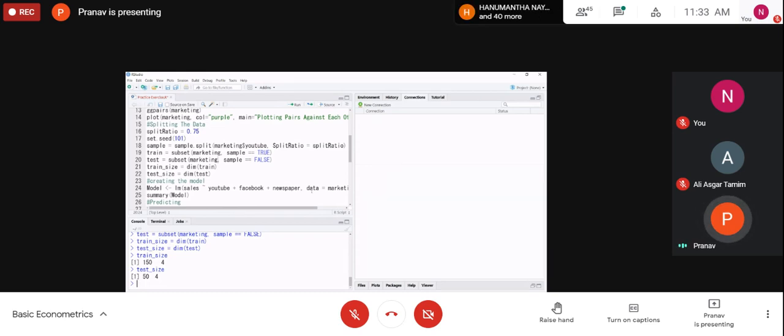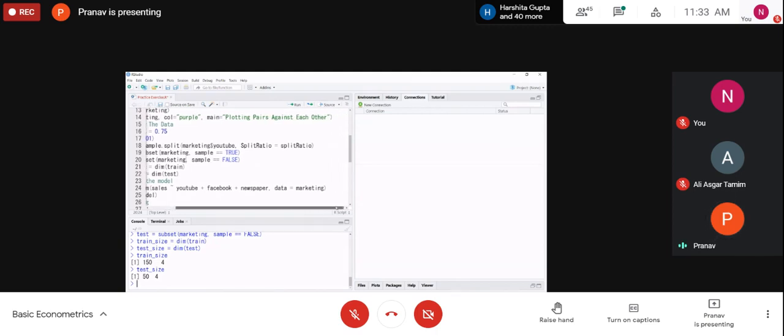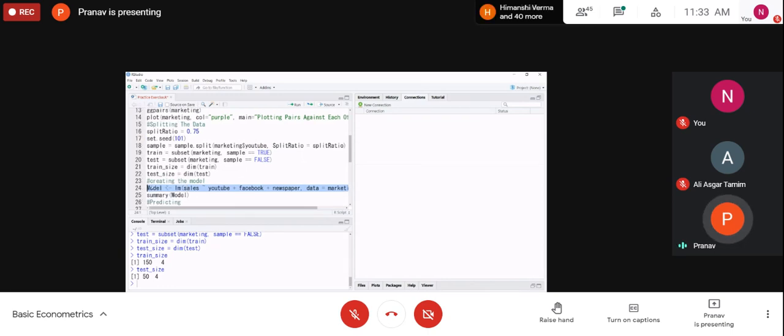This is my actual regression formula. And which data set do I want to use? The data set is marketing. So this is the actual code that we have.